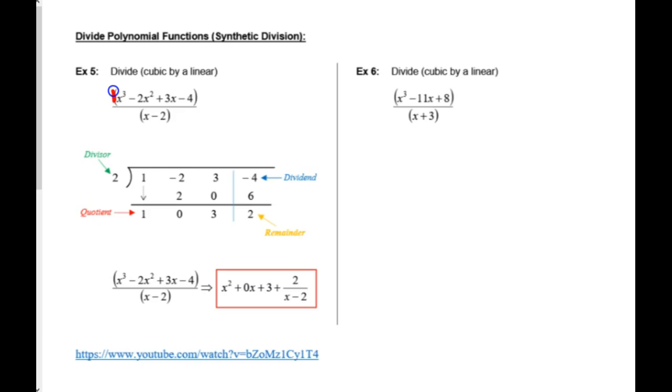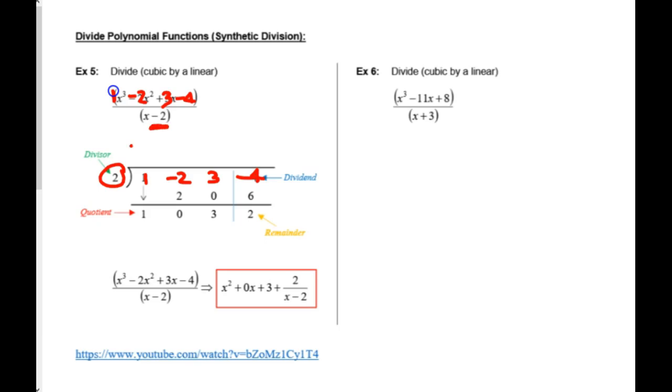This 1, this -2, this +3, this -4, okay? First things first. When we're doing this, I want you to know where we're getting these numbers from. It's from the top. And where are we getting this number from? The bottom, okay?